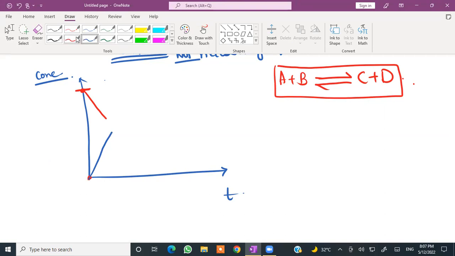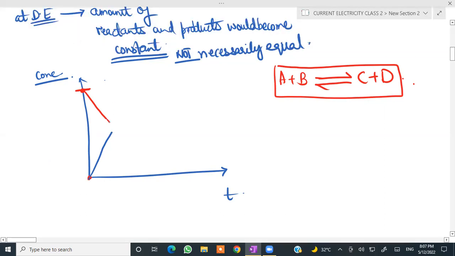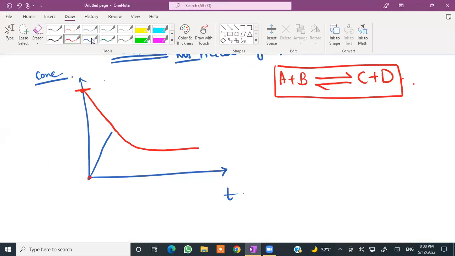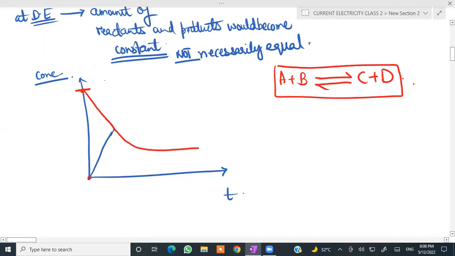Now, this will continue, right? The reactants would continue falling until they reach a constant value. The products would also continue rising until they reach a constant concentration. Now, the blue line represents the products, the red line represents the reactants.